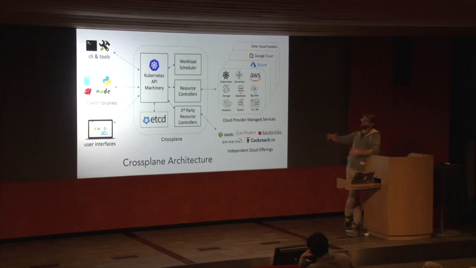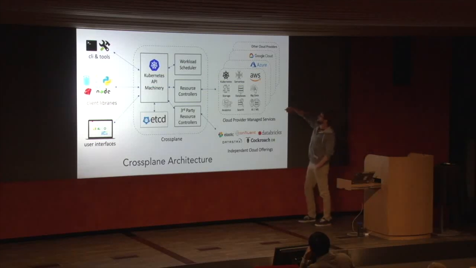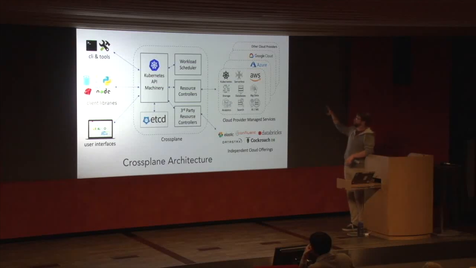You can just run arbitrary software on Kubernetes API and build new solutions like this. So on the right side of the graph, we have the big three cloud providers in the United States at least, and all the services that they have: database services, AI and ML, serverless stuff, managed Kubernetes. The Crossplane control plane can configure and manage and interact with all of those things.